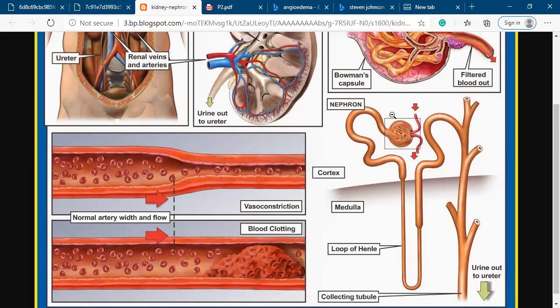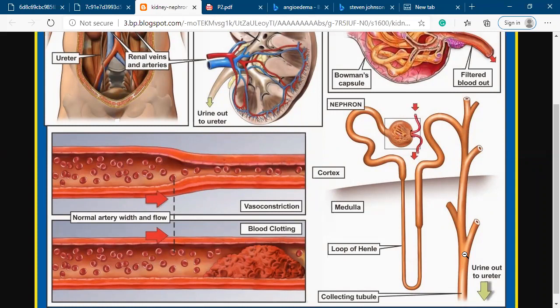Especially this area is located in the outer cortex, and this area inside the medulla. This loop is called the loop of Henle, and this is the collecting tubule. Finally, urine passes that way.